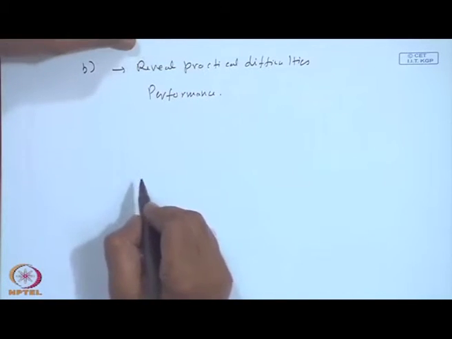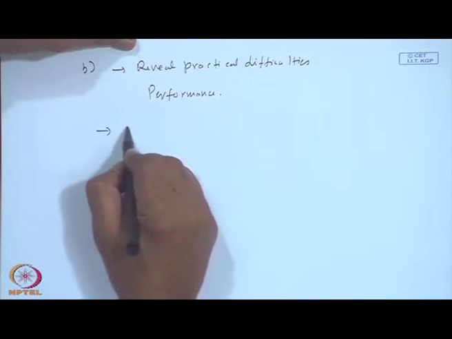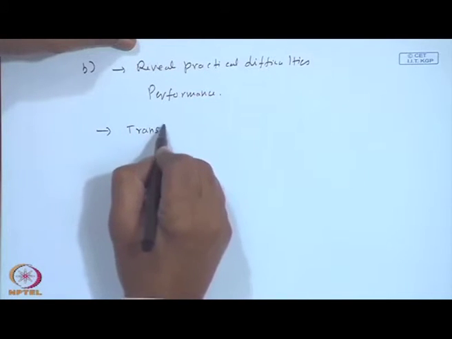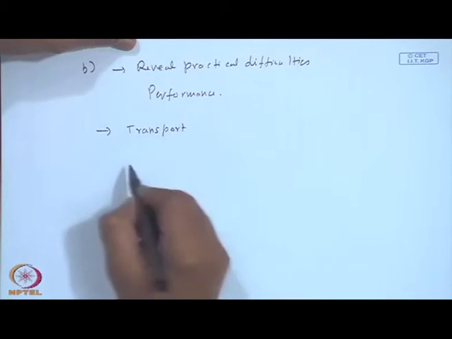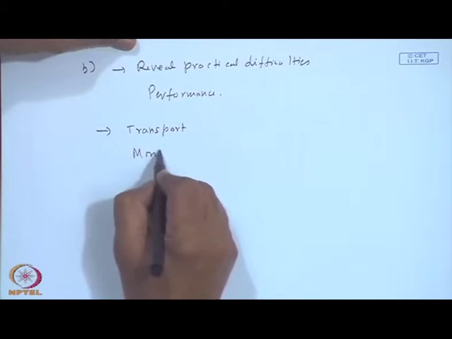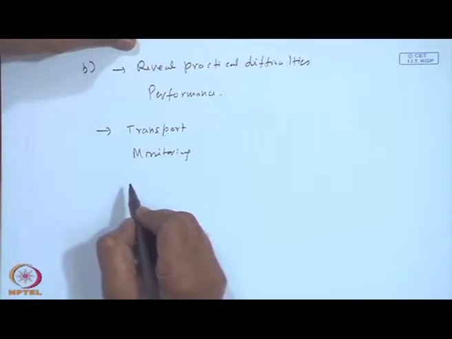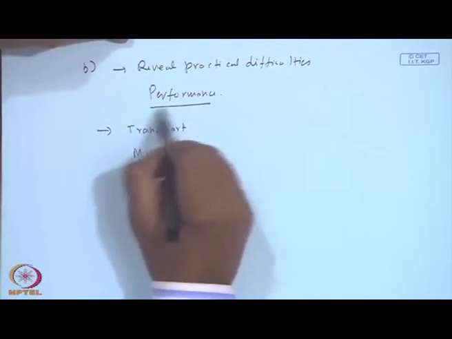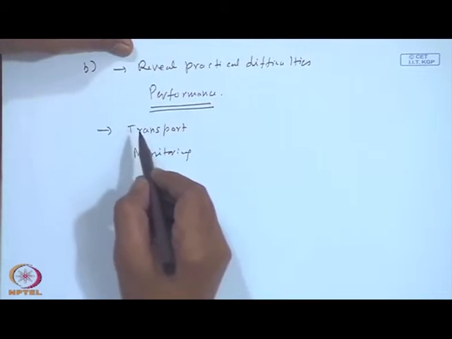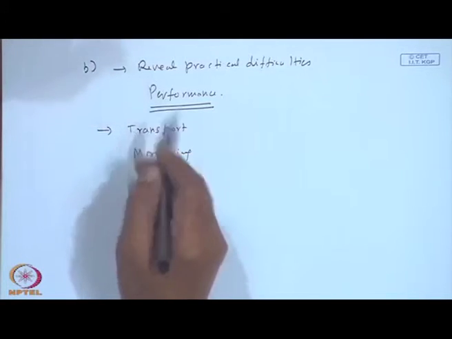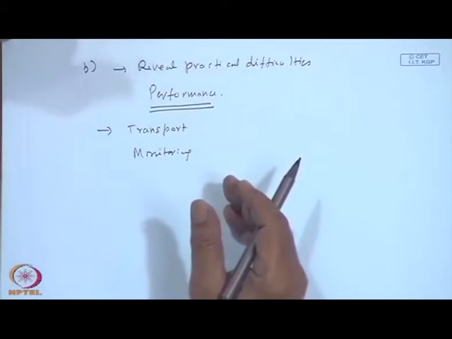For example, the practical difficulty could be even transport or monitoring of the system, and the performance, though your solar load fraction actually you can calculate, find out what is the energy delivered compared to what is the energy that is met by the load.